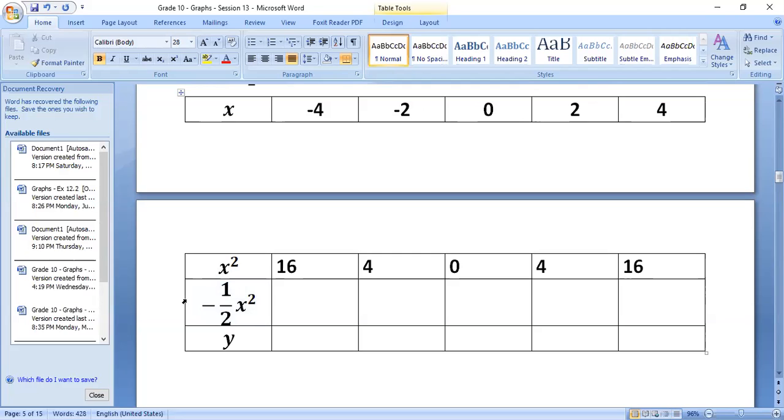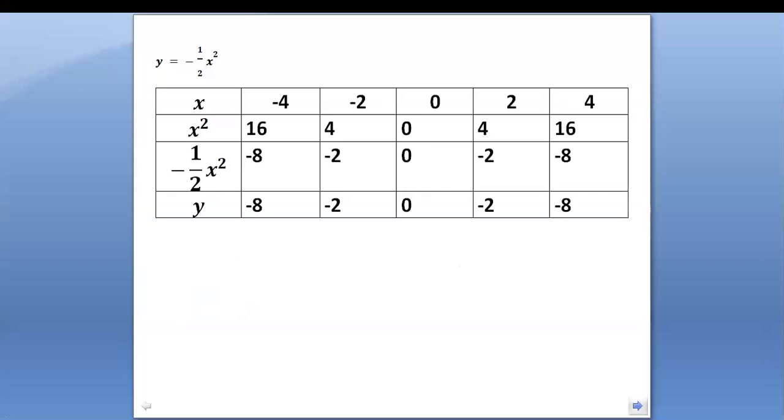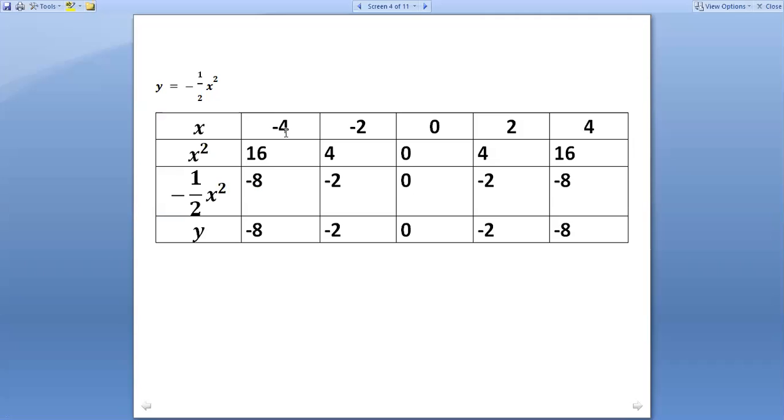When you are taking negative half x squared, that means you have to multiply this value by negative half, or else you have to divide this value by negative 2. We will get the completed table, and the coordinate pairs of this graph will be negative 4, negative 8, negative 2, negative 2, 0, 0, and so on.